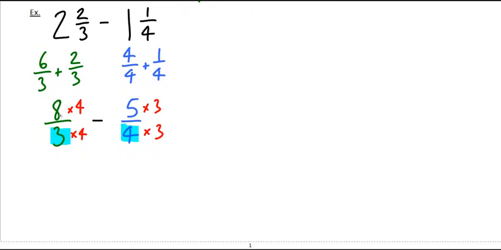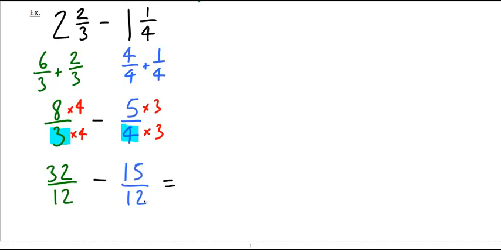And so what I end up with is 8 times 4 is 32 over 12, and I'm going to subtract from that 5 times 3 is 15, again over 12.